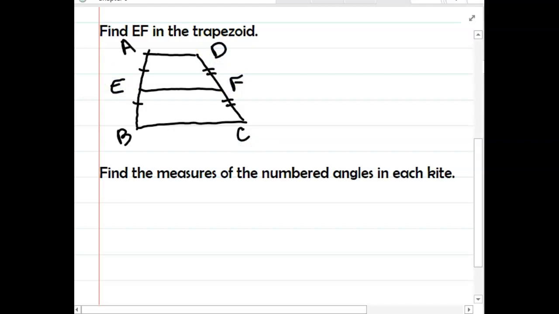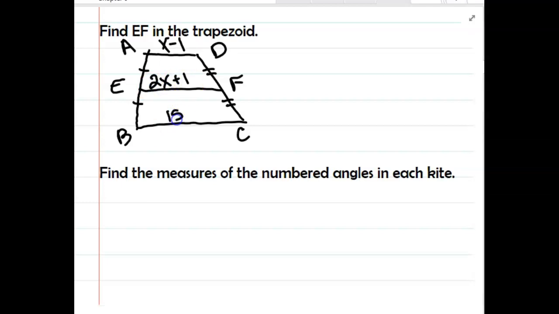The top is going to be x minus 1. The mid-segment is going to be 2x plus 1. And that other base is going to be 15. Okay, as a reminder, the formula to find the mid-segment. The mid-segment equals, so in this case, 2x plus 1 equals, to find that, you're going to add the bases.